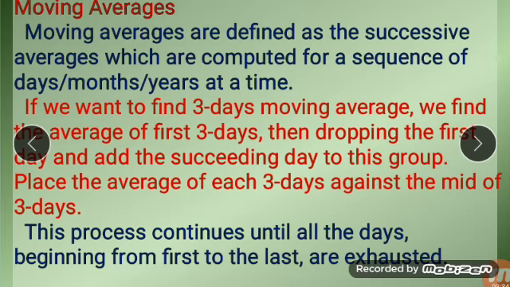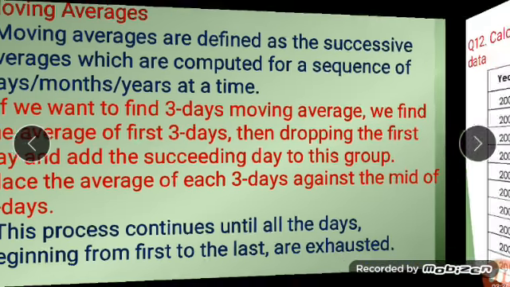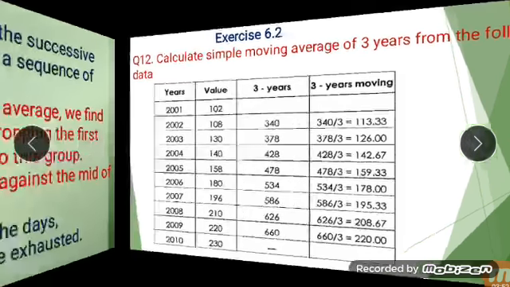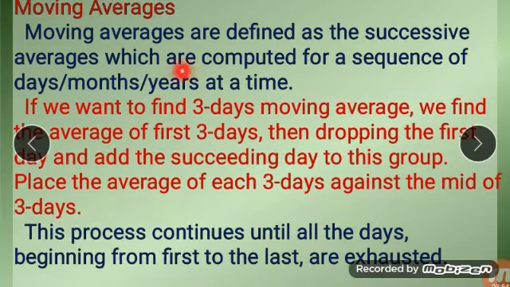We can better understand the moving averages with the help of the question given in exercise 6.2. This is question number 12, where we are supposed to calculate the simple moving average of 3 years from the given data. We can calculate moving averages for the years, for the months, for the days, up to the requirement.